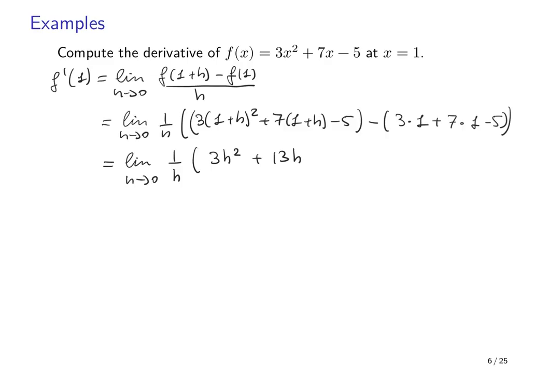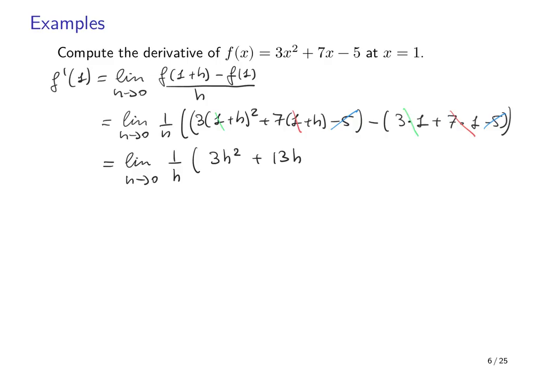And then the constant terms, a lot of the constant terms are going to cancel. In fact, if you look at it carefully, you have a minus 5 here and a plus 5 here. You have a 7 times 1 here, minus 7 times 1 here. And then you're also going to get a 3 here and minus 3 here.